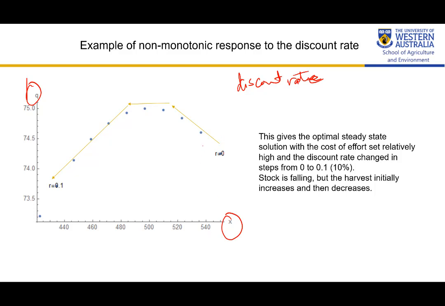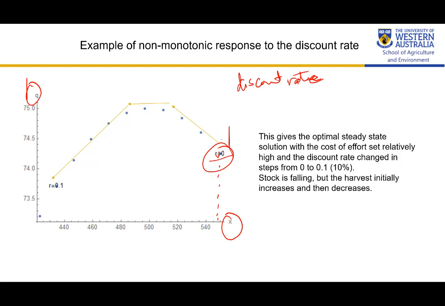So if we set the discount rate equal to 0, with everything else held constant, then we get a relatively high stock of fish. So if R equals 0, then the stock is around about 550.